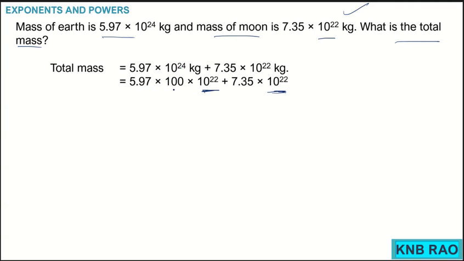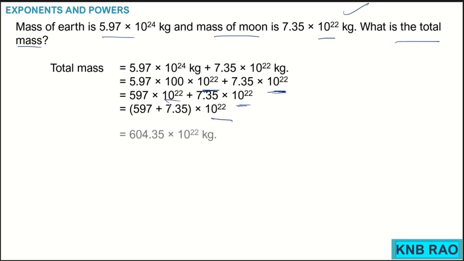So 5.97 into 100 gives 597 into 10 to the power 22. With the same powers of ten, now we can add them. Taking 10 power 22 as common, 597 plus 7.35 gives 604.35 into 10 to the power 22 kg, being the total mass of the earth and moon.